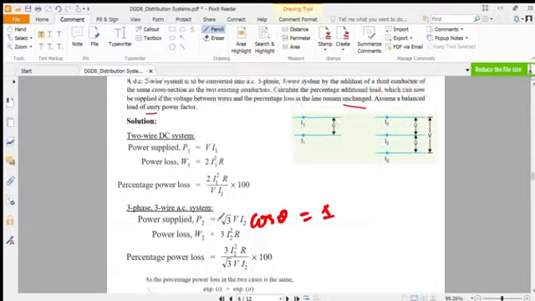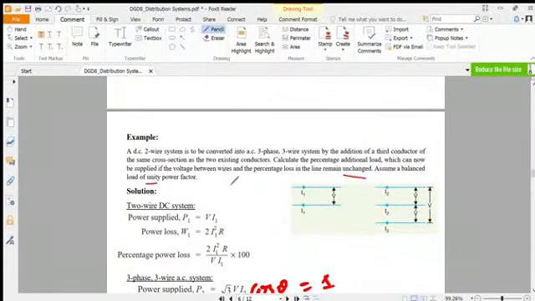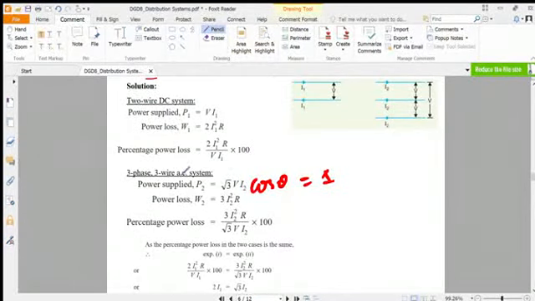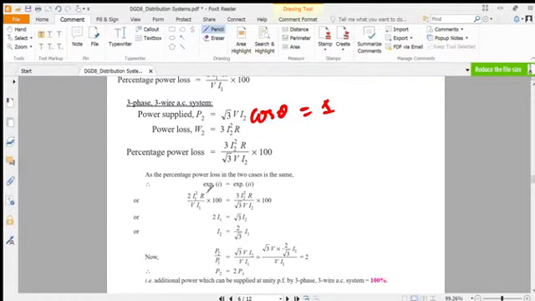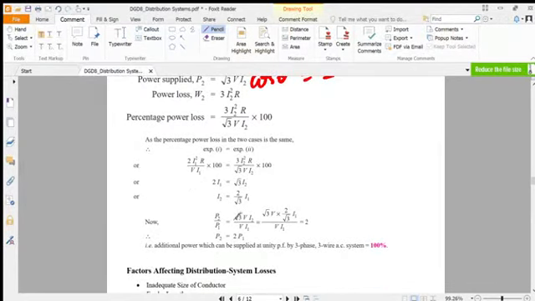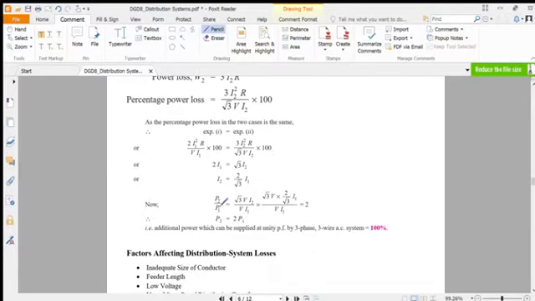According to the condition, the voltage between the wires is the same, and also the percentage of loss is the same. This is the percentage of loss for DC, and this is the percentage of loss for AC, and they are the same. Then we can find I2 is 2 by root 3 times I1, and then this is the power for AC and the power for DC.